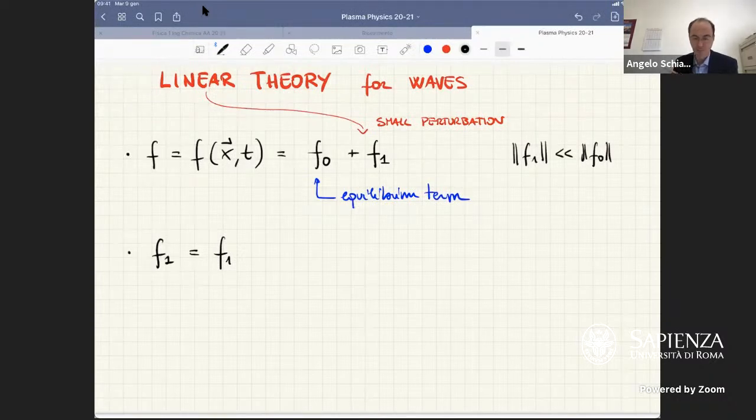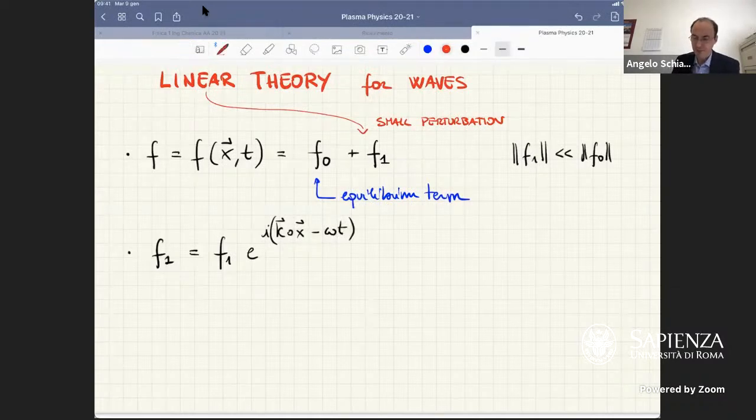So amplitude plus a phase times k x. I introduced the scalar product between the k vector and x, and we'll see in a second that this is representing a plane wave, minus omega t.